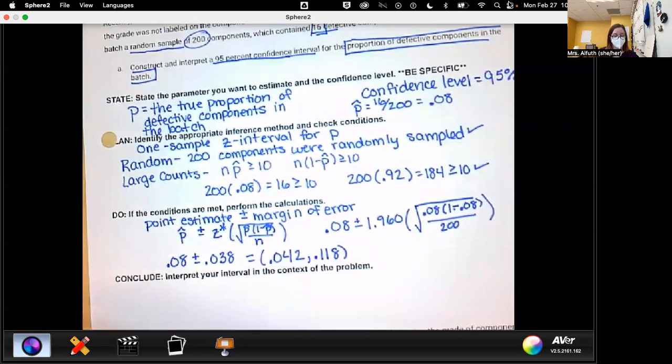And then as our conclusion here, we need to interpret the interval in the context of the problem.